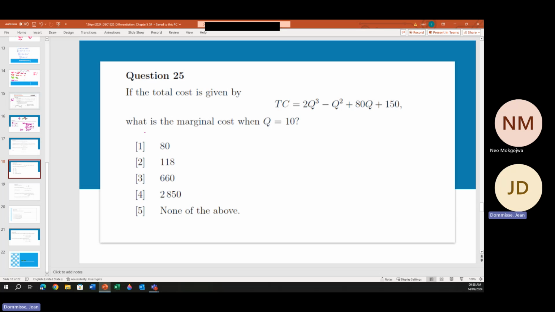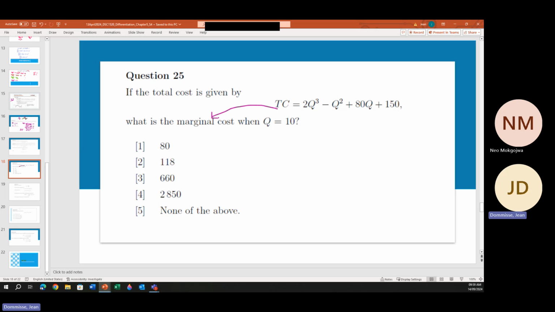Then this is actually a question that we should only cover in the next session, but I thought let's just look at it. Here they talk about total cost and marginal cost, and what we need to do to move from total cost to marginal cost is differentiate it.